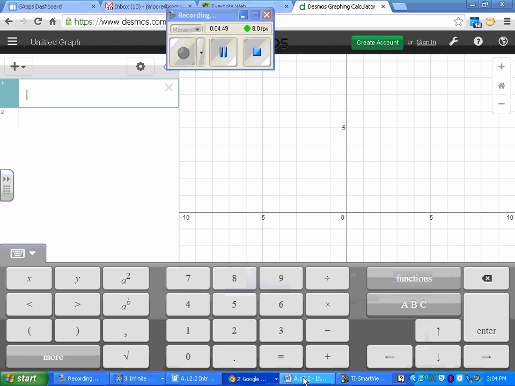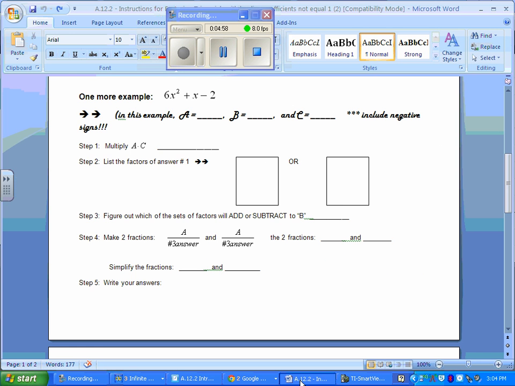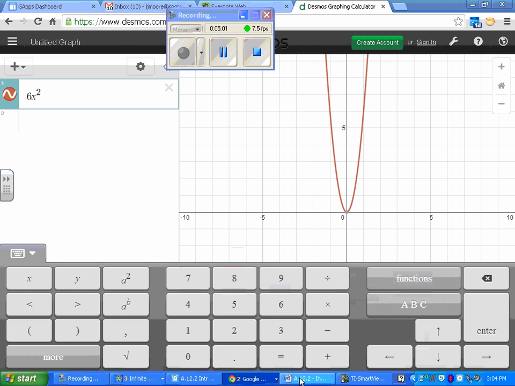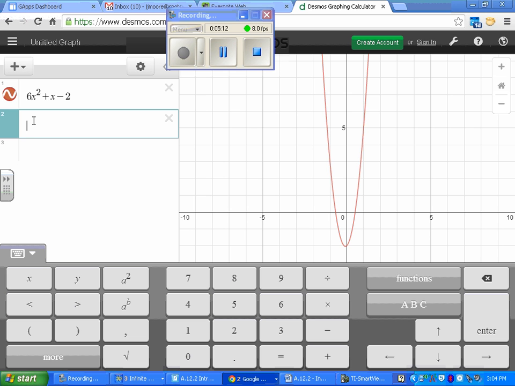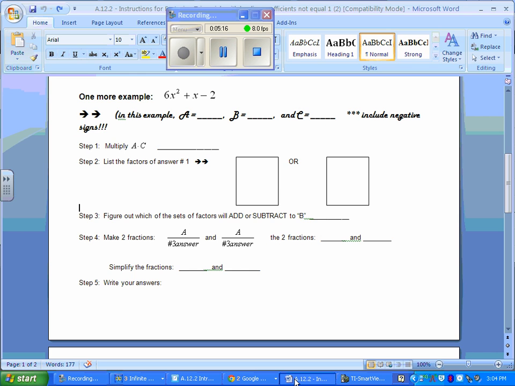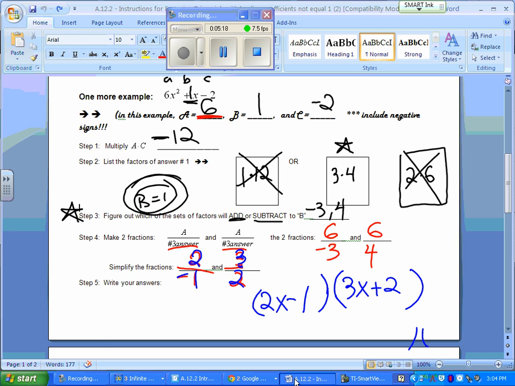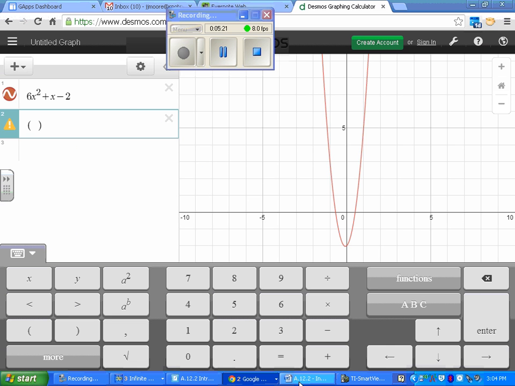So, 6x squared, I forgot already, plus x minus 2, and that will show me that quadratic, and you can see it over here on the right hand side. I'm going to put the other one in. I'm going to put parentheses in, and I said that one was 2x minus 1 and 3x plus 2.